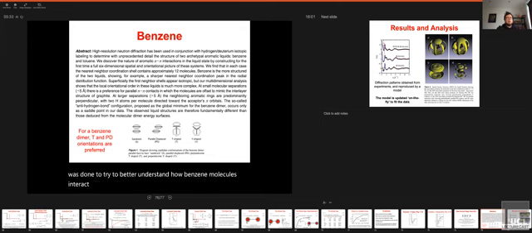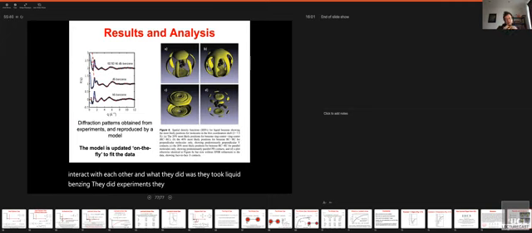Basically, this is an experimental work that was done to try to better understand how benzene molecules interact with each other. What they did was they took liquid benzene, they did experiments, and they extracted the way benzene molecules accumulate next to each other. Then they conducted simulations for model potentials, and they kept adjusting the interaction potential until they were able to reproduce the structure of the liquid.